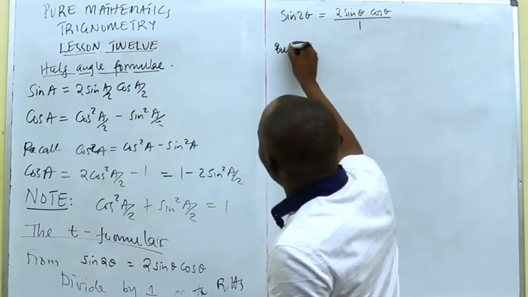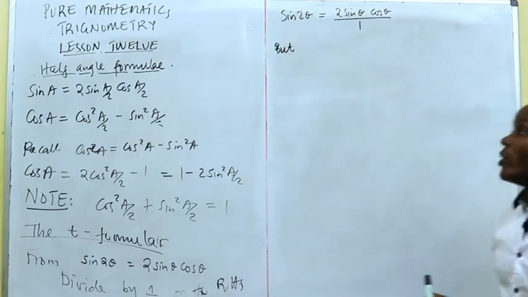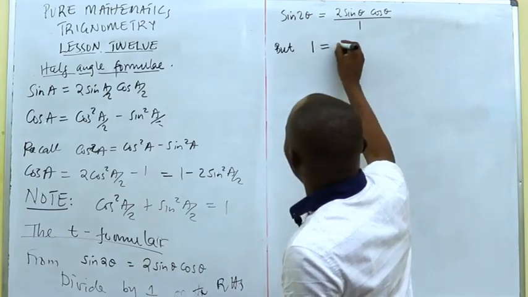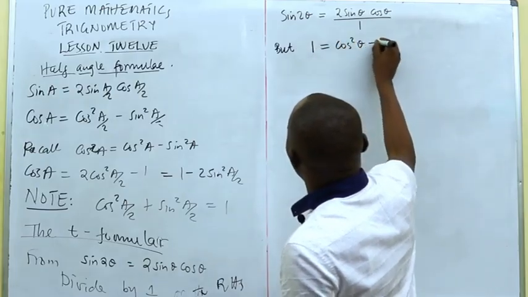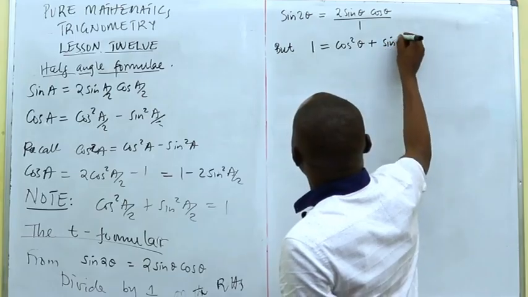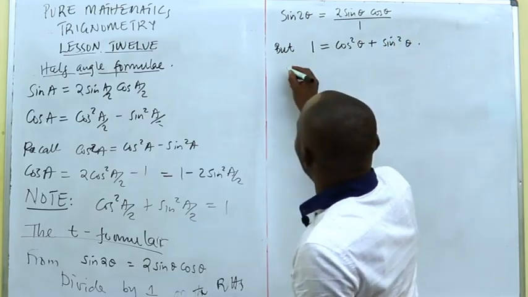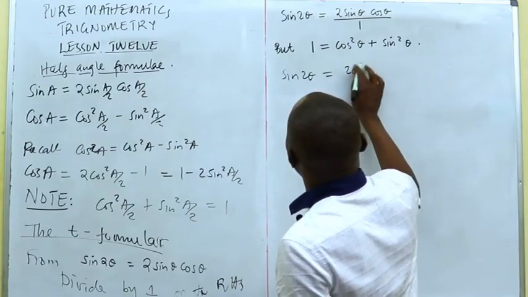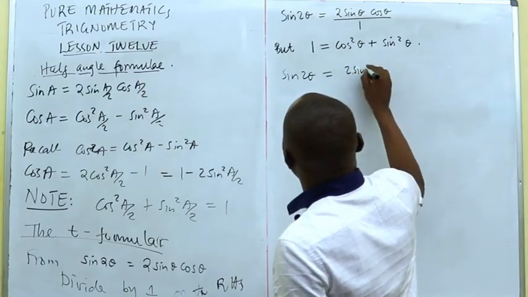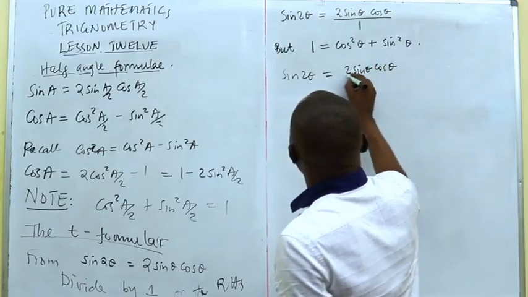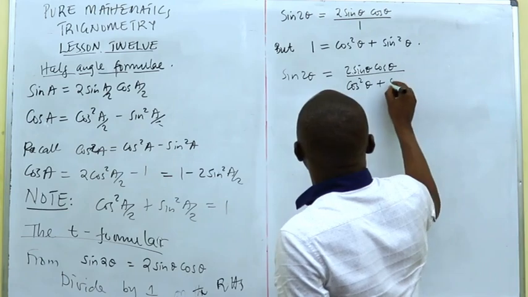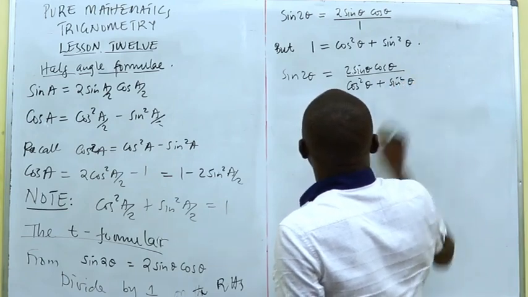But in trigonometry, that 1 is not just a 1. The 1 is equal to cos squared theta plus sine squared theta. Therefore, sine 2 theta is equal to 2 sine theta cos theta over cos squared theta plus sine squared theta.